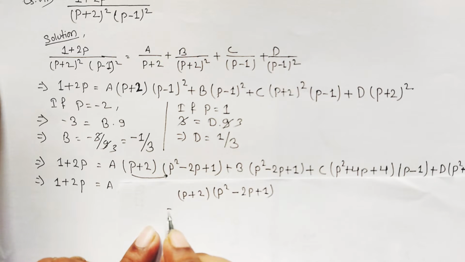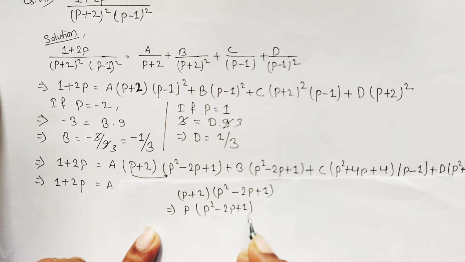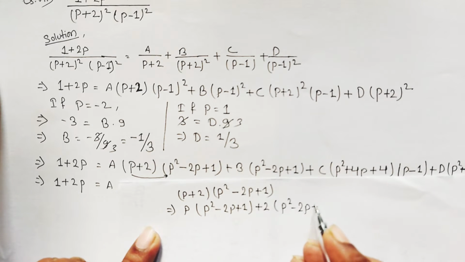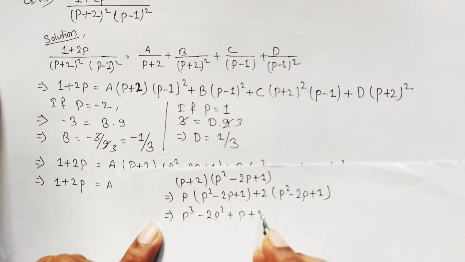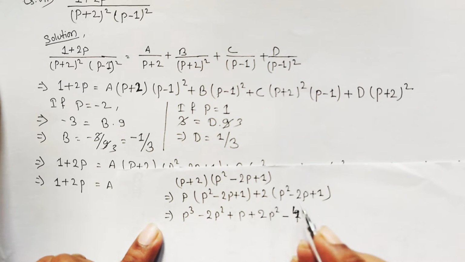So I'm going to multiply p times (p square minus 2p plus 1) and plus 2 times (p square minus 2p plus 1). We will have p cubed minus 2p square plus p plus 2p square minus 4p plus 2.